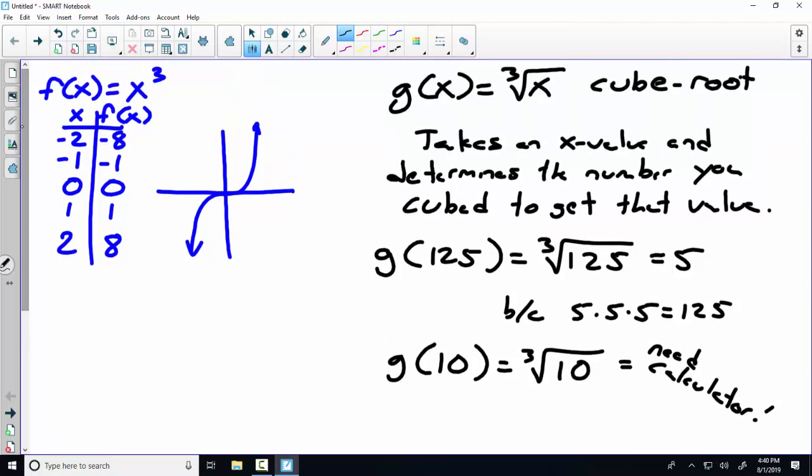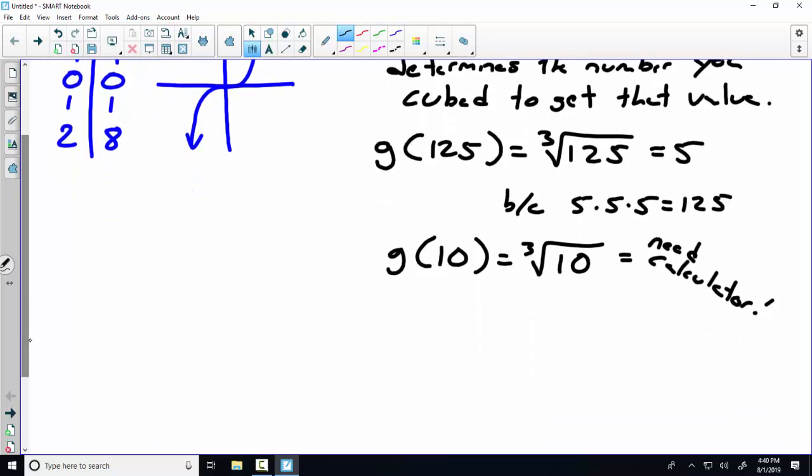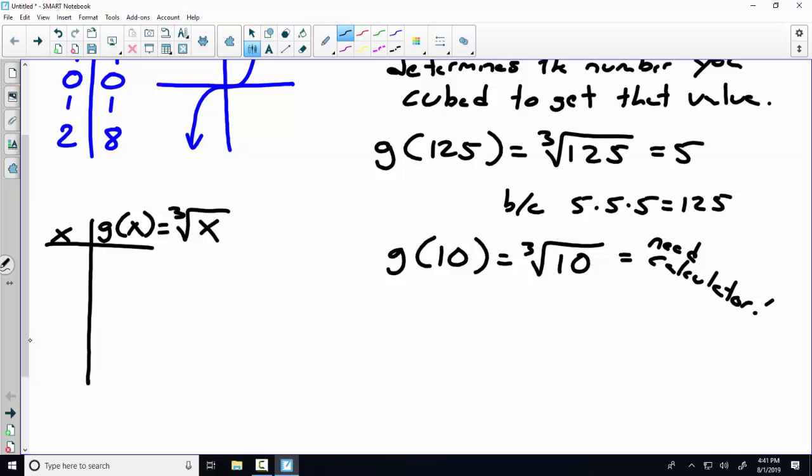To do that, we think about what we learned with the x cubed function. We learned that when we cubed -2, we got -8. When we cubed -1, we got -1. When we cubed 0, we got 0. When we cubed 1, we got 1. When we cubed 2, we got 8. And since the cube root of x function does the exact opposite, we can do something really slick. Check this out. I'm going to make a table for the cube root function because it's the opposite of the x cubed function.